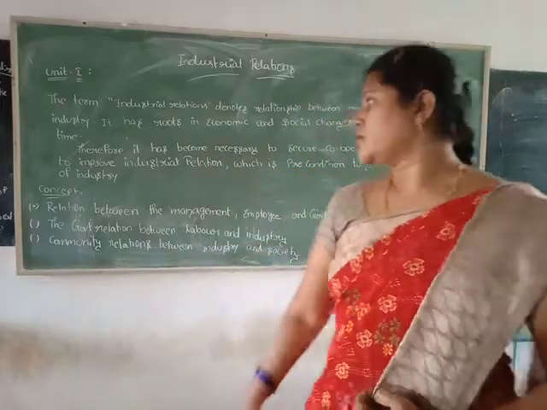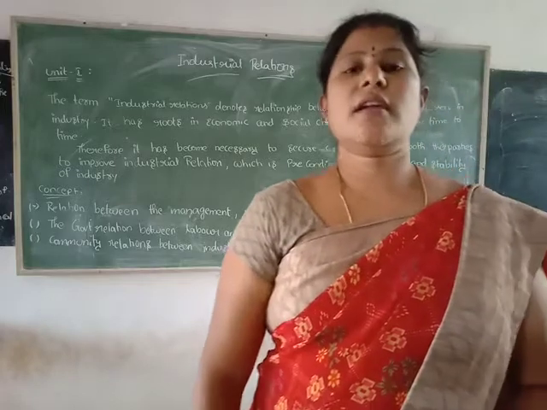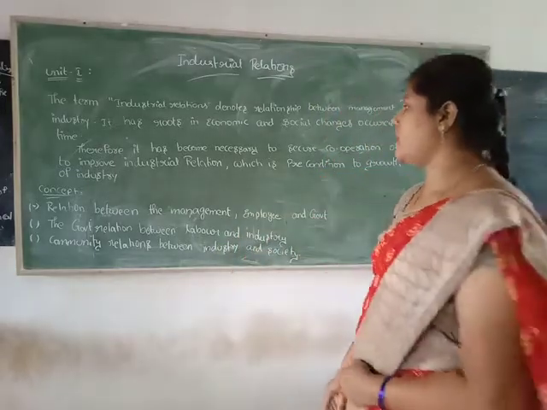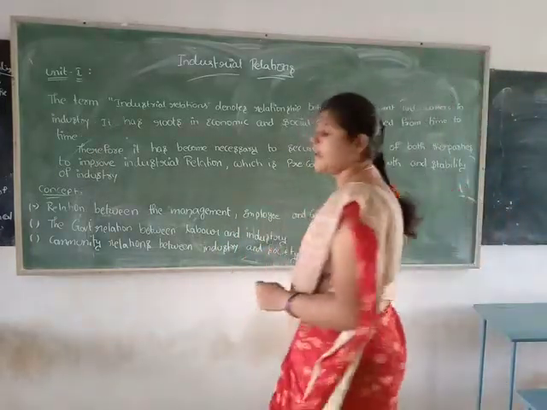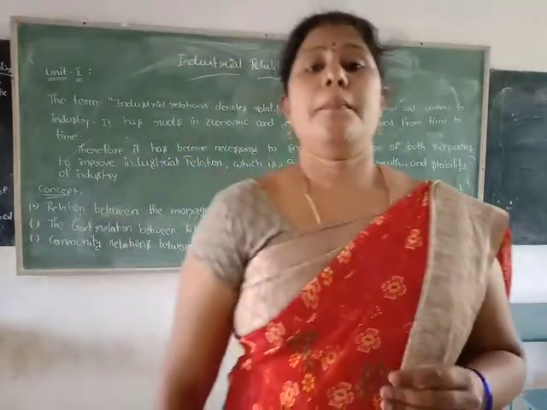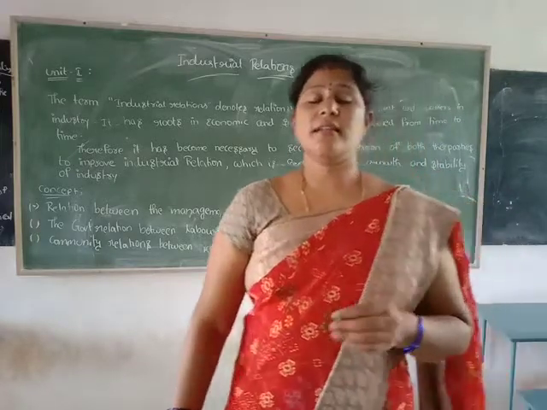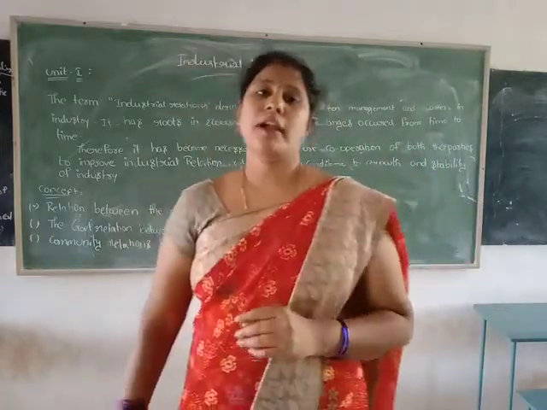So let us see what is the main concept in industrial relations. The main concept of industrial relations is the relationship between the management and the employees, and not only the management, there is another part, that is the government.